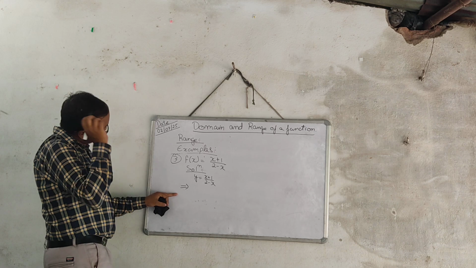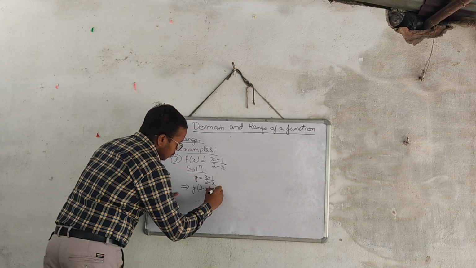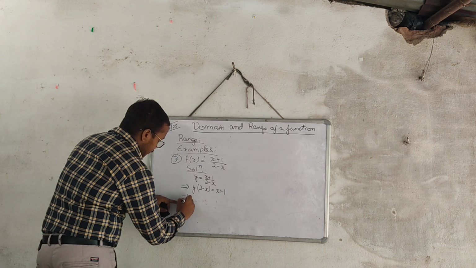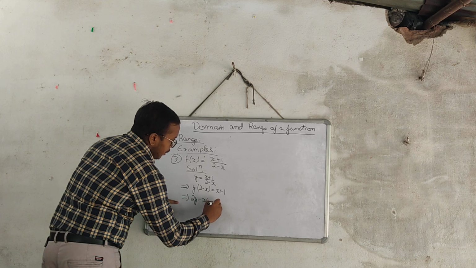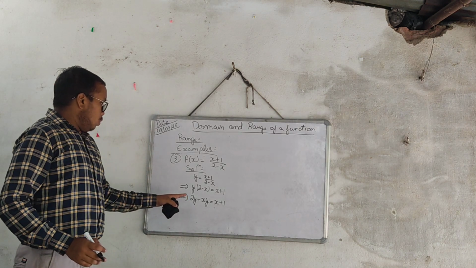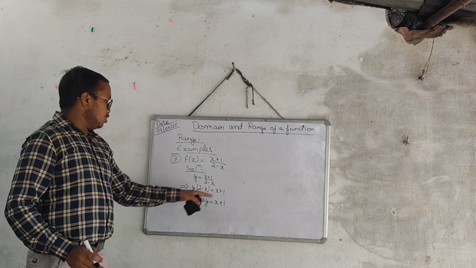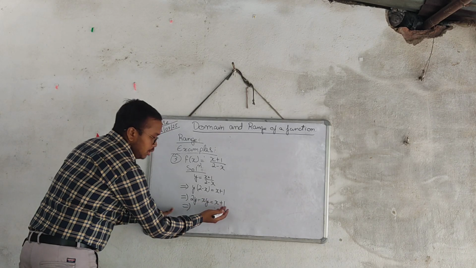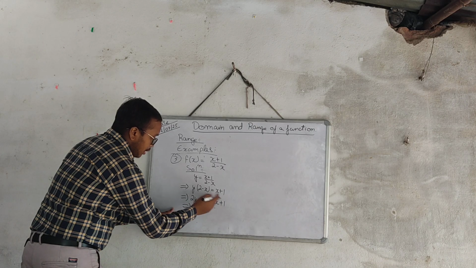Now we'll simplify this. y times (2 minus x) equal to x plus 1. Next step, 2y minus xy equal to x plus 1. Now we'll make the equation in terms of y, which implies we'll bring 1 to the left side and xy to the right side.